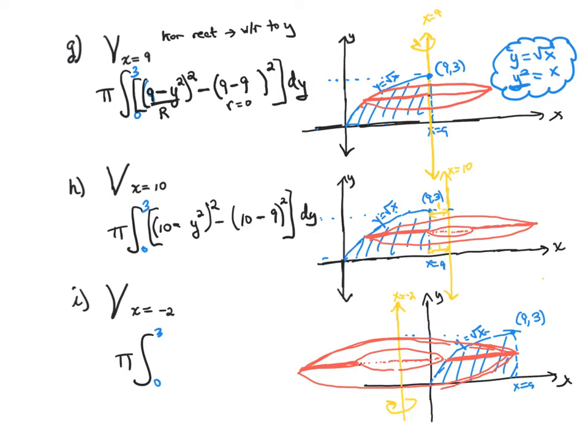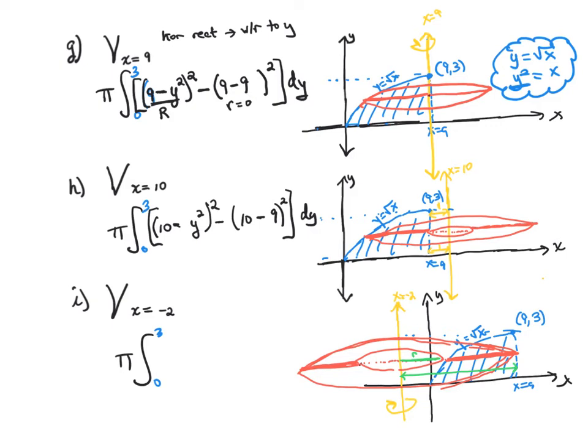Let me just do this in green so you could see it. This is the inner radius. And the outer radius of the washer is this distance, right? The distance from the right function, the function furthest away, to the axis of revolution. And remember, it's all in x equals.